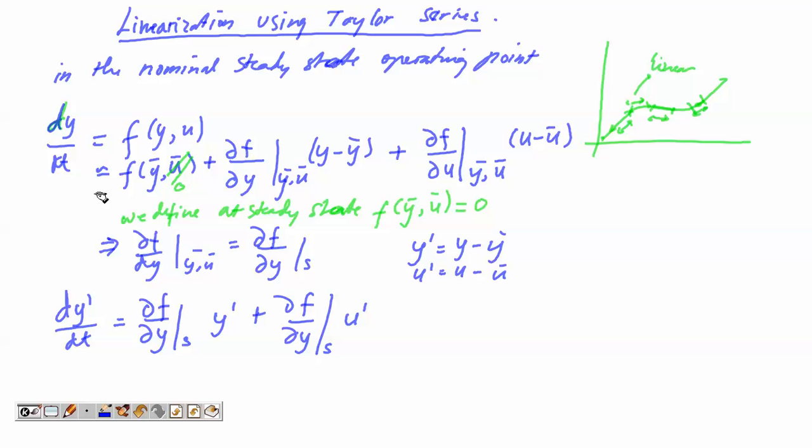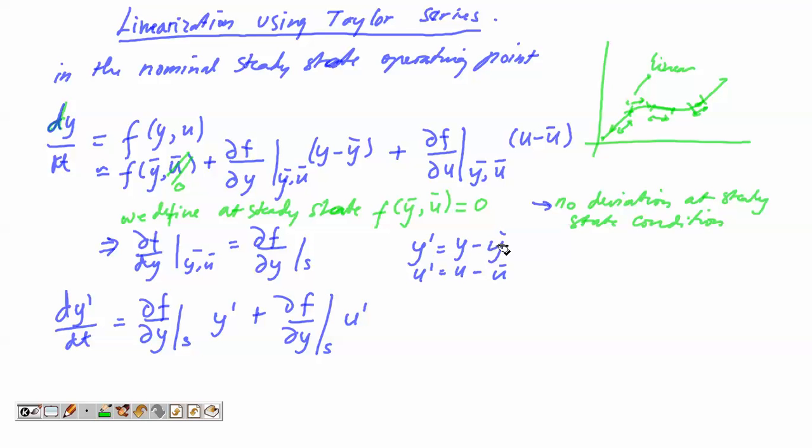Okay, so maybe you still have a question why we define the value at steady state as 0. It is because the deviation at steady state is 0, no deviation at steady state condition. Okay, and then why we change from y to y prime here.